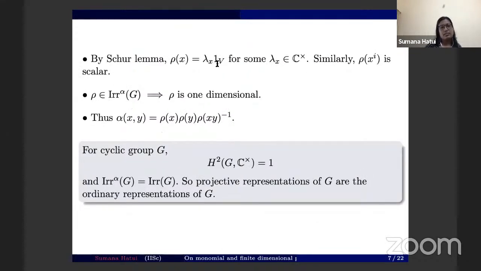That's why rho(x) becomes a scalar operator, so this is a one-dimensional representation, and then you can see that alpha is a co-boundary. So for a cyclic group G, the Schur multiplier is trivial, and the irreducible alpha representations are only the ordinary representations of G.